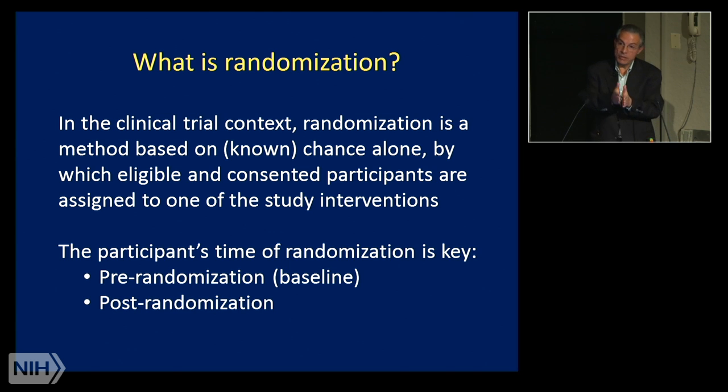But everything that is post-randomization is a different story, because it may be related to the treatment assigned. And the one thing that I always think about is adherence, medication adherence. Medication adherence is a post-randomization measure, right?